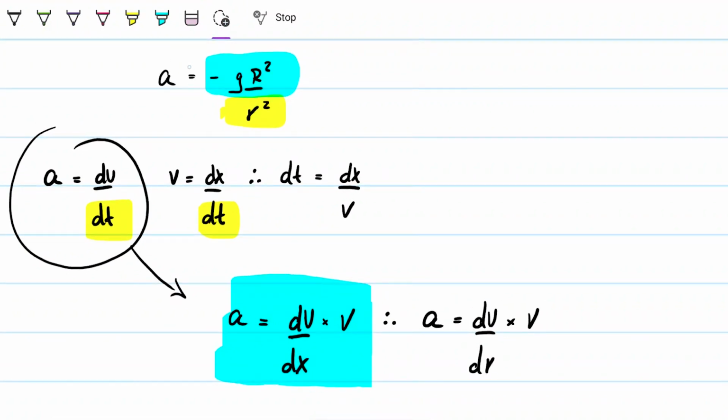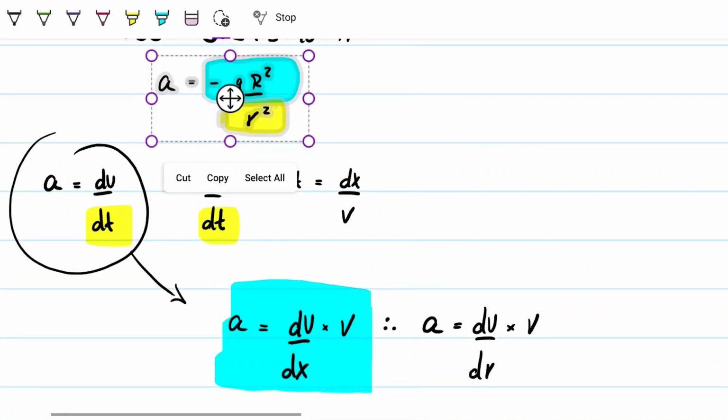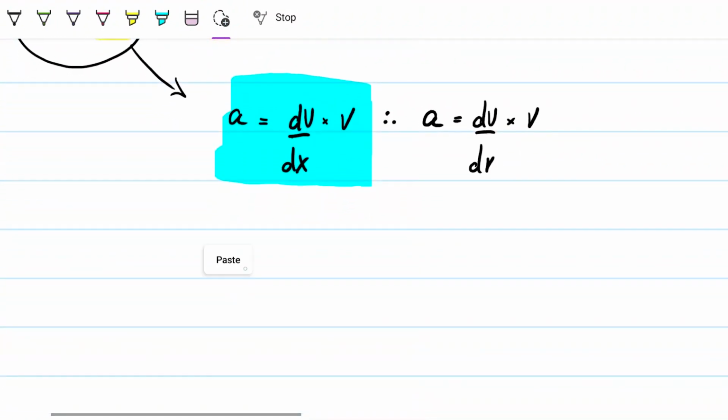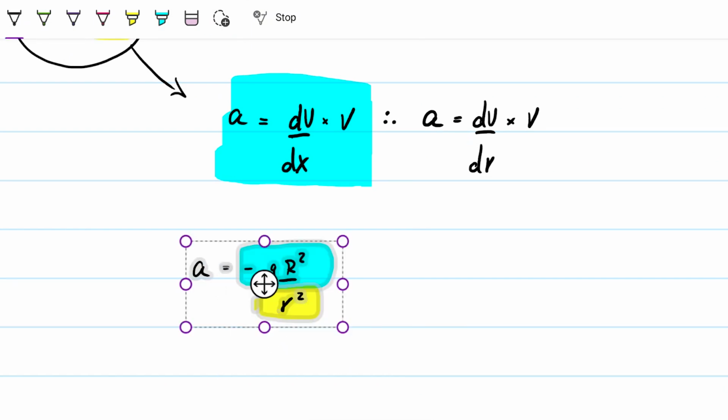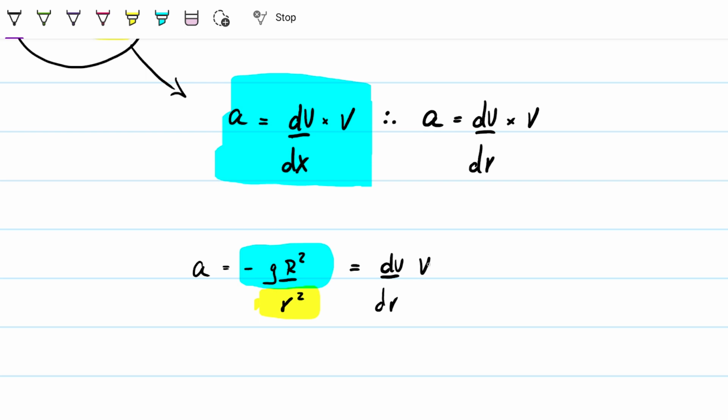Okay, so I'm going to go ahead and copy this over here. I'm going to note that acceleration has to be equal to this, and acceleration also has to be equal to this. So therefore, this equals dv divided by dr times v.